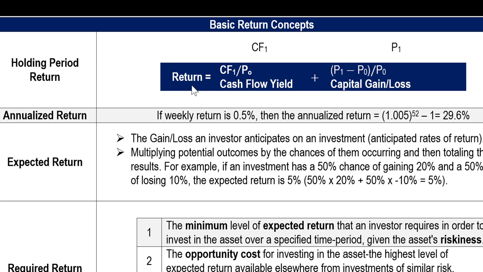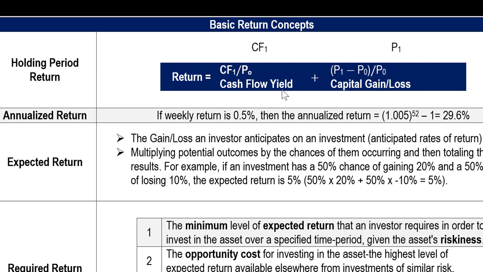Therefore, the return has two components. One is the cash flow yield. Yield, Y-I-E-L-D, means a return, but pretty much the yield refers to fixed income return, and that tries to differentiate it from the gain from growth.